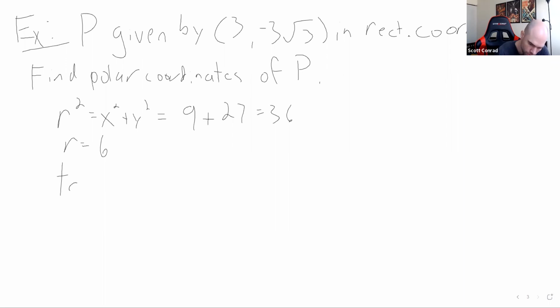So we know tan theta is going to be y over x, right? r sine theta over r cos theta, which is negative 3 root 3 over 3. It's going to be negative root 3.